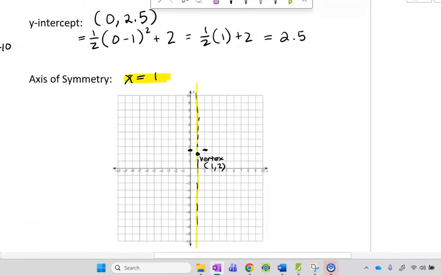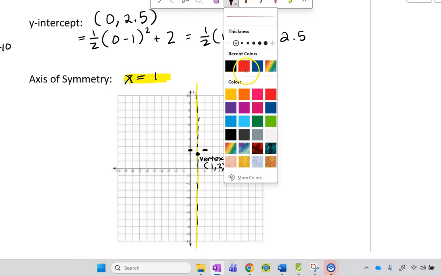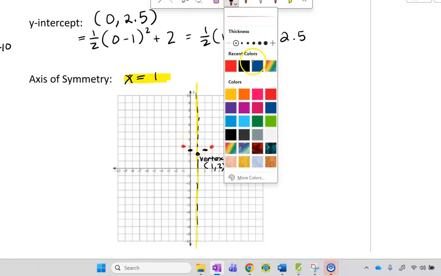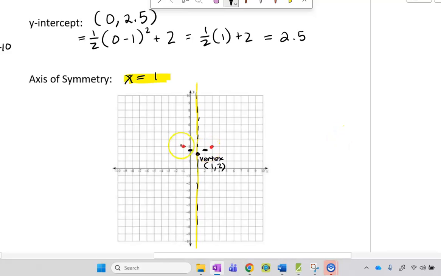But what else could help me get more points on this thing? Well, my slope says go up 1 over 2 from the vertex. And you can only do that one time. You can't repeat that. But this is enough to get kind of a rough sketch. This is kind of a wide U shape.